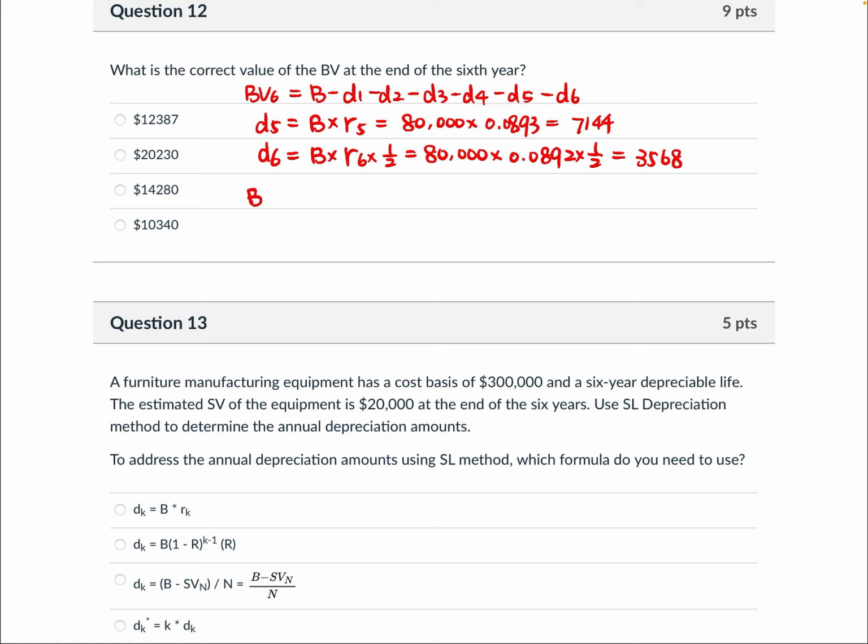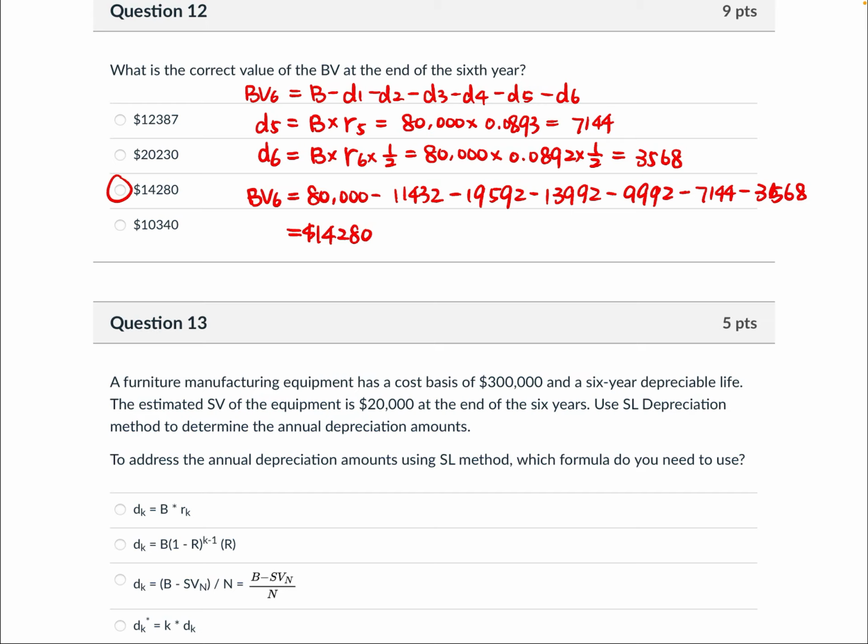So now you can calculate your BV6 is 80,000 minus D1, which is 11432, minus D2, 19592, minus D3, 13992, minus D4, 9992, minus D5, 7144, minus D6, 3568. So the final answer is 14280.